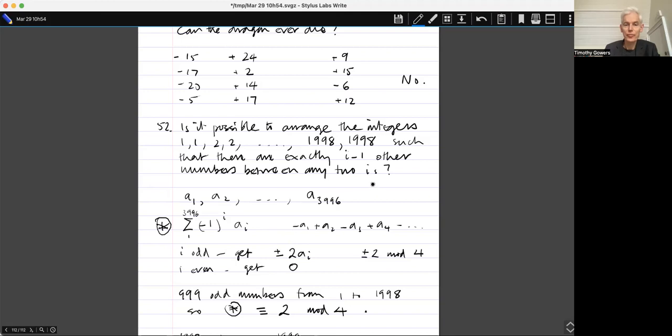Say I have A3, then there have to be 2 numbers between that and the next occurrence of A3. And so actually they are an odd distance apart.